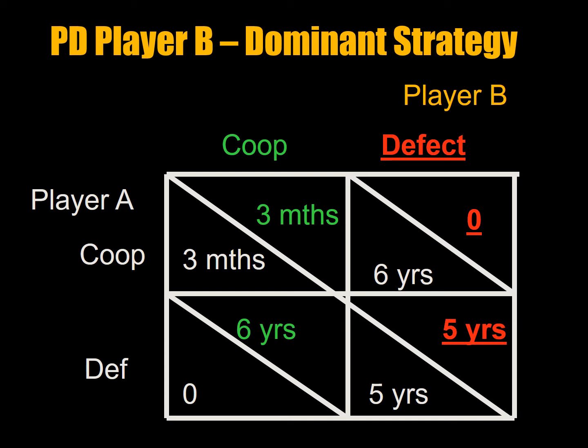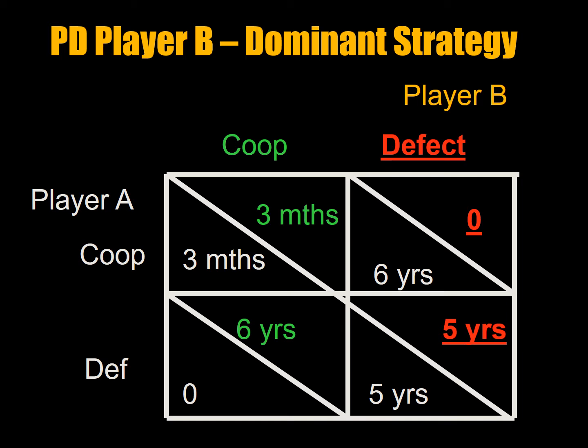We then compare the payoff for player B in the defect row for player A. And player B here has a payoff for green cooperation of 6 years. Player B also has, for defection, the red choice of 5 years. And which is superior? 6 years in jail or 5 years in jail?